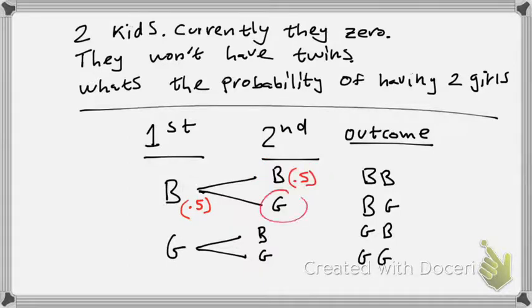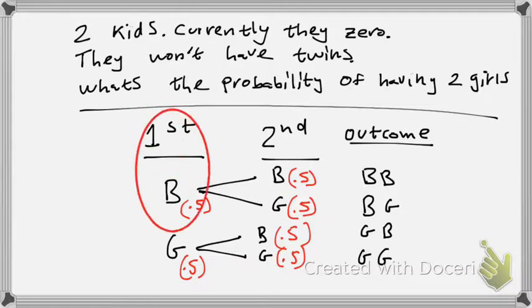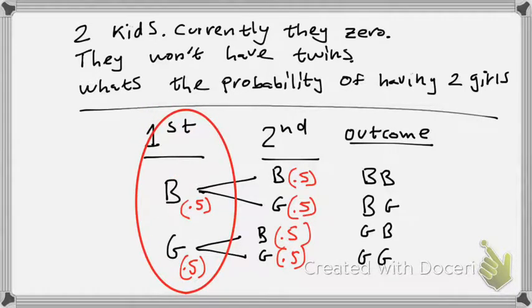What's the probability of the second child being a girl? Again, 50%, or 0.5. You notice it's the same for all of them, because if you have a first kid, it's 100% chance it's either going to be a boy or a girl. That's why you add 0.5 and 0.5 and get one whole, which is 100%.